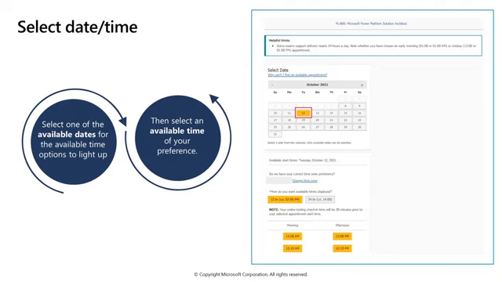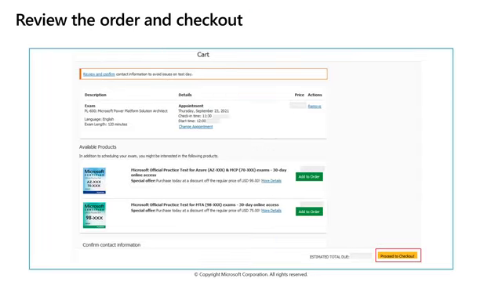As soon as you click on the date, the part below will appear and ask you to select how you want to view available time, 12-hour or 24-hour, and you will get at the bottom the available rooms to take your exam. You just have to select the available time of your preference. Whenever you click on this button, you will be automatically redirected to the review the order and checkout page.